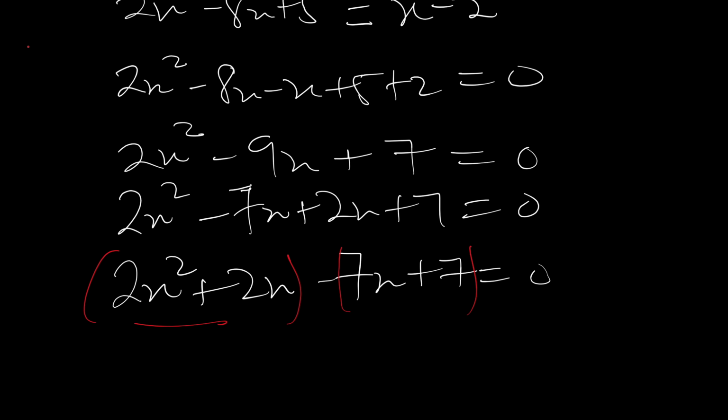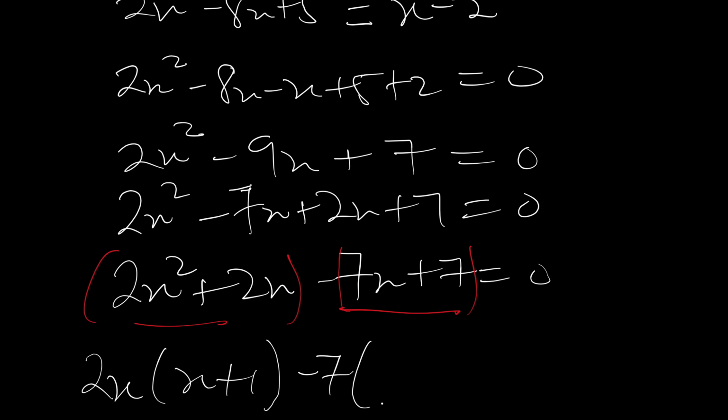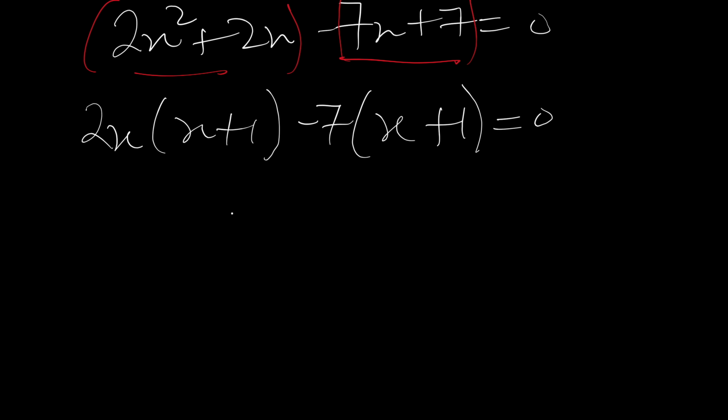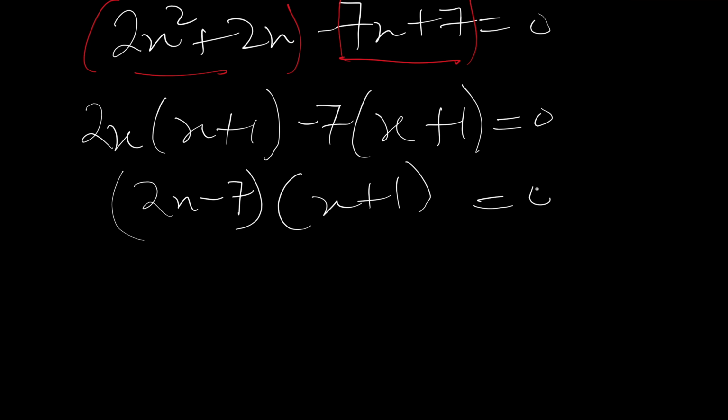So if we factorize this, you get 2x out, x minus 1. And when we factorize this, you get negative 7 out, x minus 1 is equal to 0. So we have 2x minus 7, x minus 1 is equal to 0.